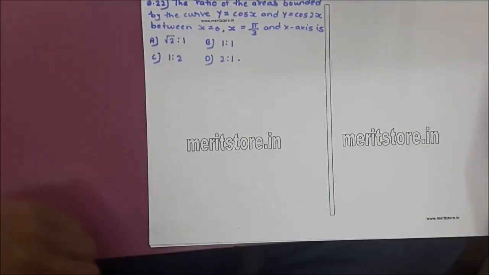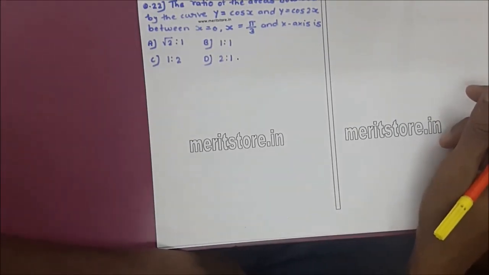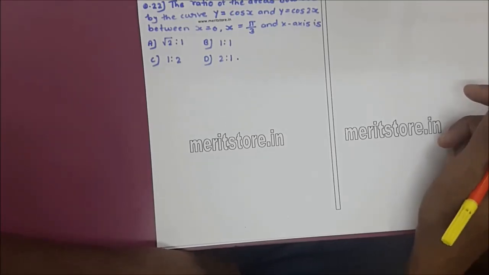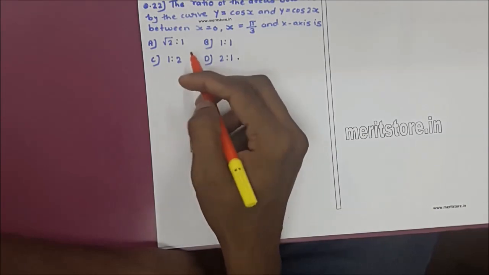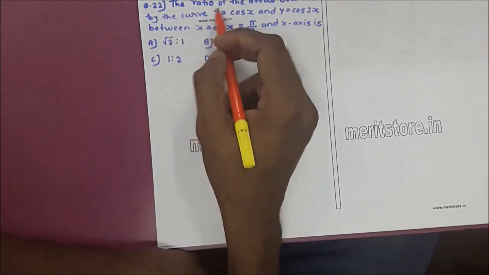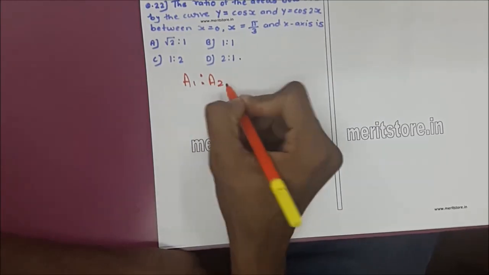The ratio of the areas bounded by the curve y is equal to cos x and y is equal to cos 2x between x is equal to 0, x is equal to pi by 3 and x axis is. We have options A 2:1, B 1:1, C 1:2 and D 2:1. By looking at the options, we can say that we need to find the ratio of two areas, that is A1 is to A2.